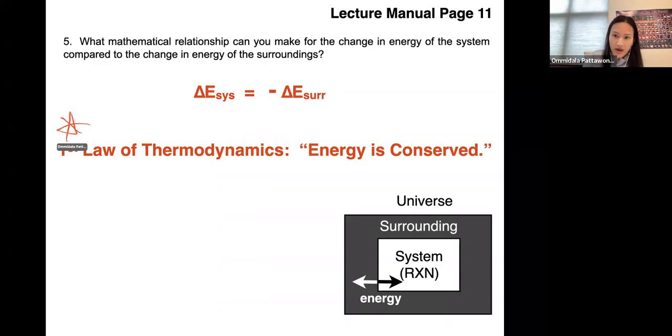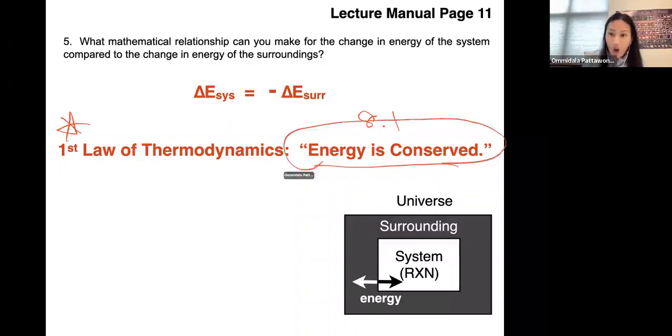The first law of thermodynamics states that energy is conserved, which is the same as what you learned in chapter 8.1, that energy is neither created nor destroyed. It's always conserved, because it can flow from one place to another, or it can change from one form to another. So know that energy is conserved.